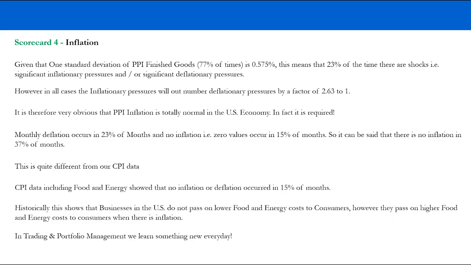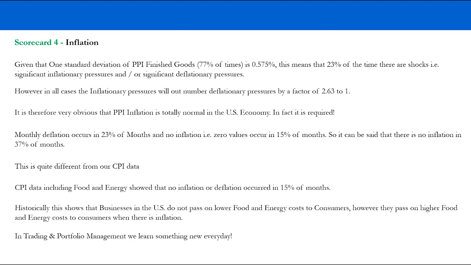But here we're looking at business inflation, and we have to distinguish between types of inflation because they do behave slightly differently. But in the overall sense, it's pretty obvious that even with PPI, all items, inflation in business is totally normal in the US.